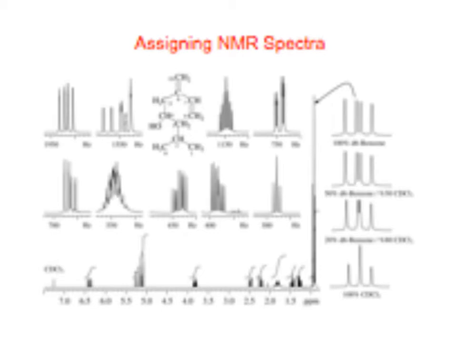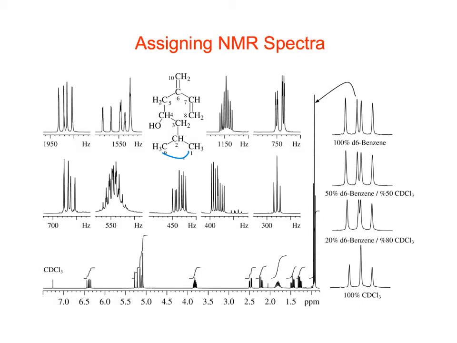So it's due to the fact that we have a chirality center. Yes, even though the chirality center is one or two bonds away, we still see a change. These two are diastereotopic, so they have two different chemical shifts.